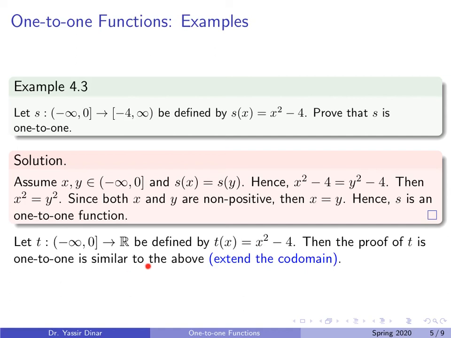That means one-to-one functions will still be one-to-one functions after we extend the codomain, because here instead of the small interval we take all of R. When we extend the codomain, one-to-one functions remain one-to-one. And this finishes the first part about one-to-one functions.